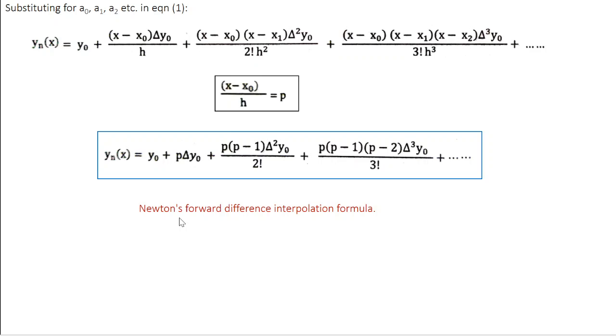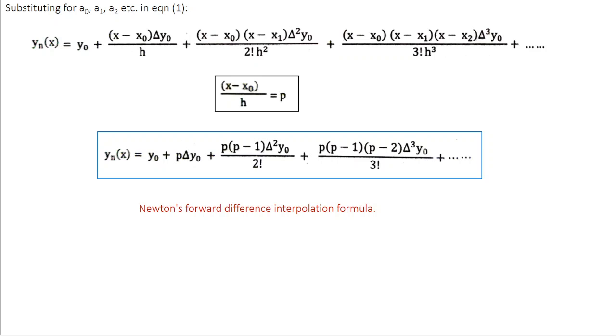So this is known as Newton's forward difference interpolation formula, and if you look at this formula closely, you can see that y0 is the leading term in the difference table which we have derived in the previous class. Delta y0, delta square y0, delta cube y0, etc. are the leading differences.